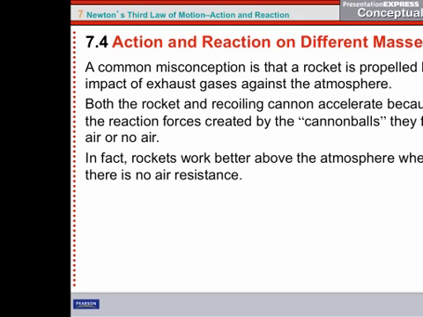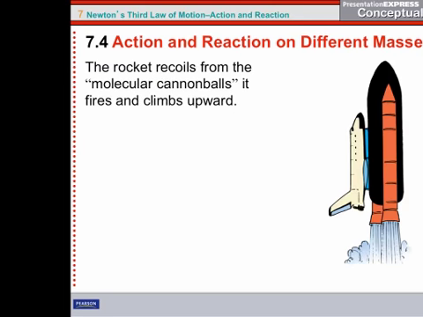You could be out in space and you could just throw a ball. If you have a baseball and you throw it one way, you're going to go the other way. So anytime that something moves out one way, there's an equal and opposite force going the other way. And in fact, rockets actually work better above the atmosphere because we have no air resistance. So here's our rocket, the space shuttle.